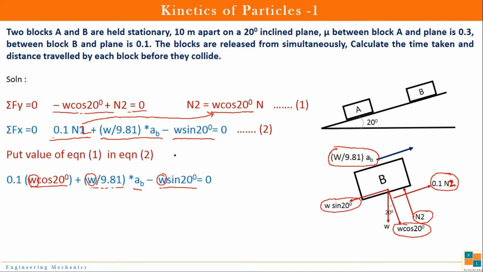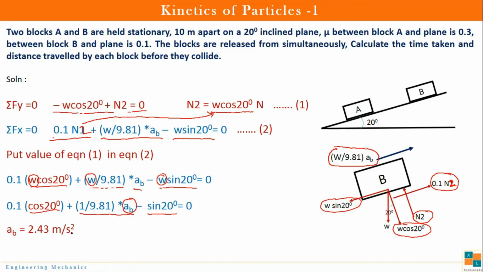It will be cancelled because there is a 0 on the right-hand side. And I will get the equation as 0.1 cos 20 plus 1 divided by 9.81 AB minus sin 20 is equal to 0. The only unknown in this equation is now AB. On solving which, I will get the answer for the acceleration of B as 2.43 meter per second square.